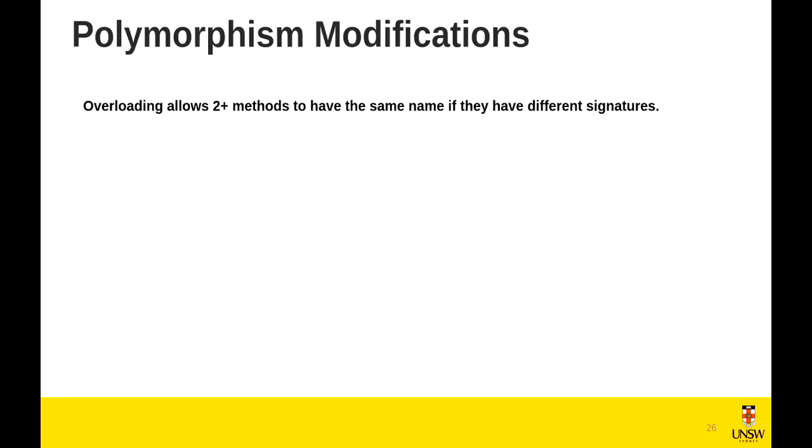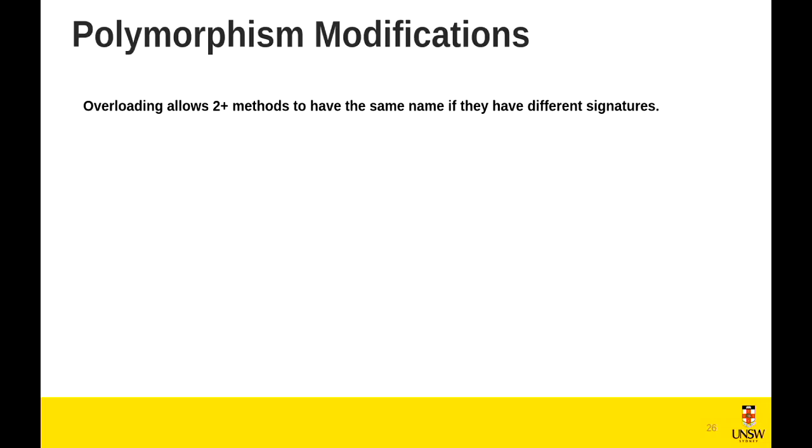And apart from overriding, we also have the concept of overloading in object-oriented programs. So do you still remember the concept of overloading? Okay, good. Overloading means that we allow two or more methods to have the same method name if they have different signatures.